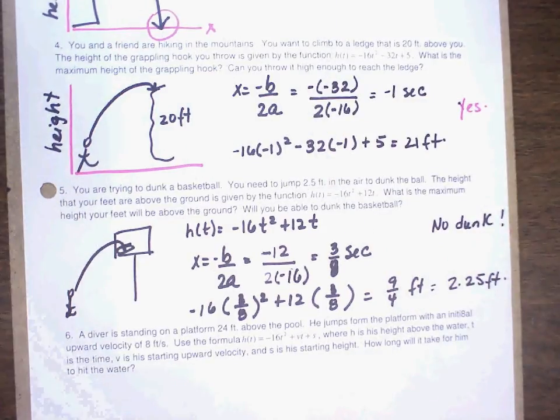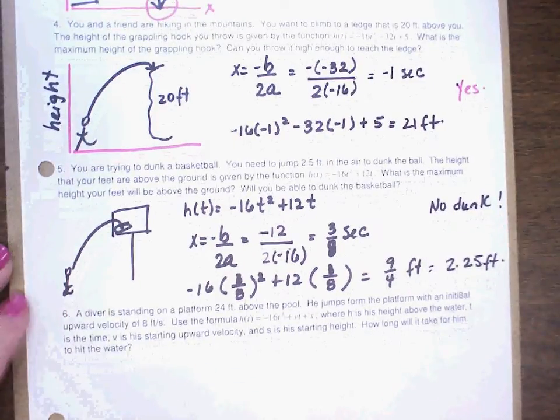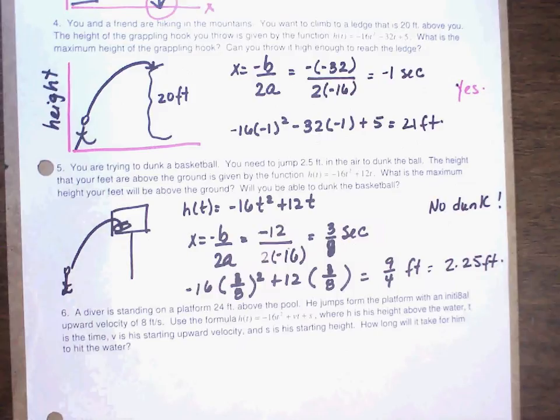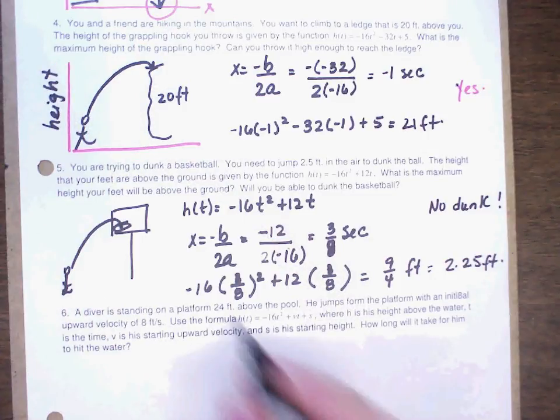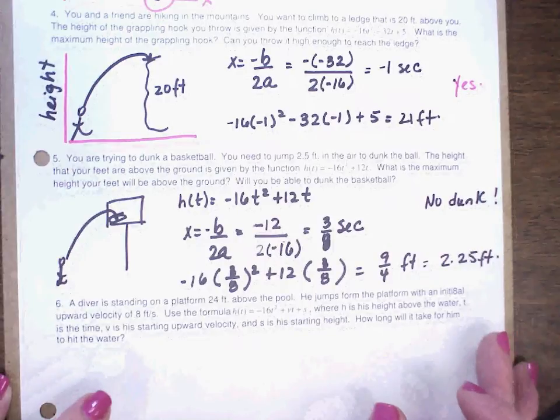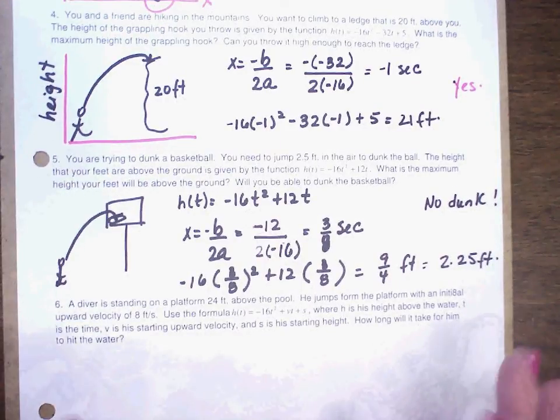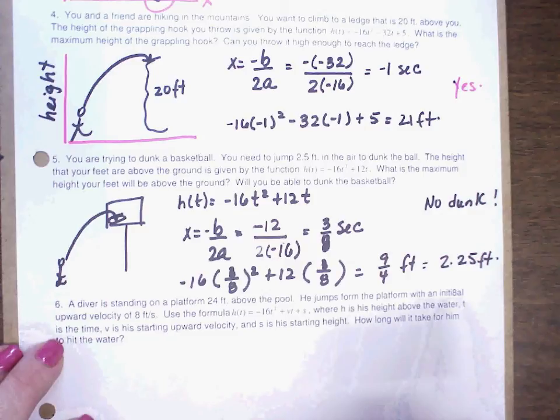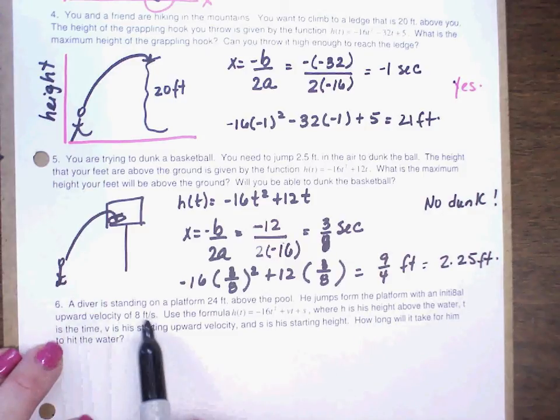All right, a diver is standing on a platform 24 feet above the pool. So what's that? 24. But what is it in the equation? My y-intercept, because that's your starting point. Very good. He jumps from the platform with an initial upward velocity of 8 feet per second.